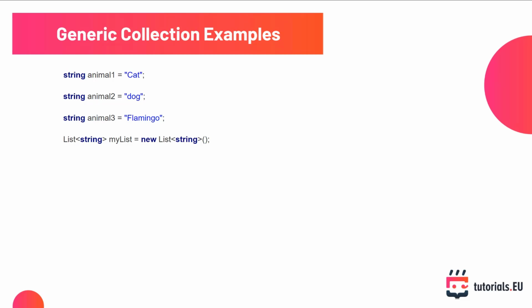So we have to specify that type when defining that list. So here we are specifying it's of type string. So the data that we can pass to it or save in it or store in it will only be strings. By giving the type between angle brackets, in this case you can see angle brackets string like this. So we technically would say that my list is a collection of type list string.